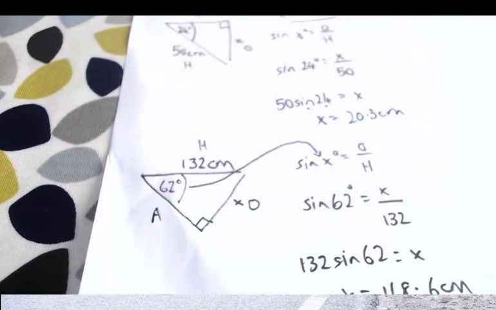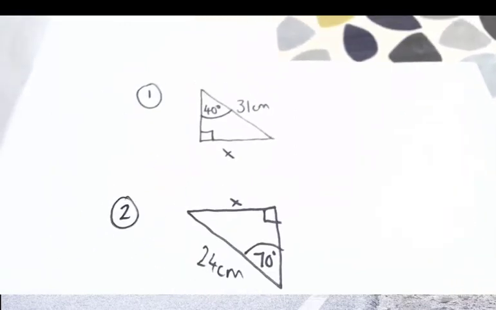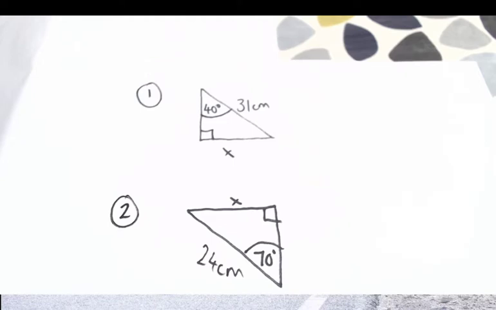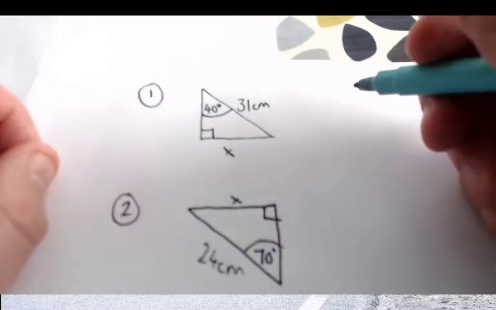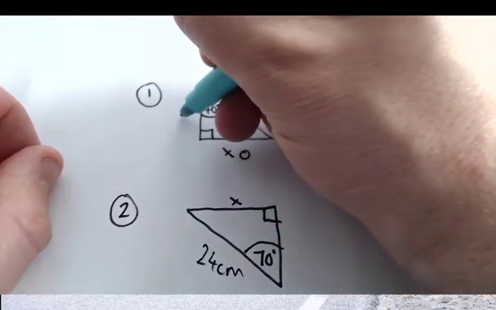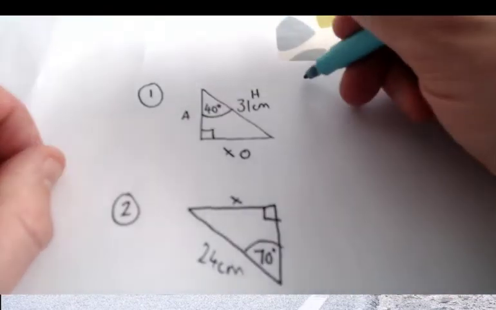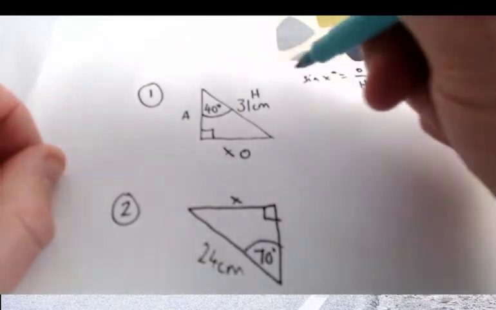Okay, now it's going to be your turn. So, there's question 1. Pause this, give it a go. Okay, let's see if you've got it right. So we start by labelling the sides. Opposite, hypotenuse, adjacent. Write down the rule. Sine x is opposite over hypotenuse. Fill in the information.